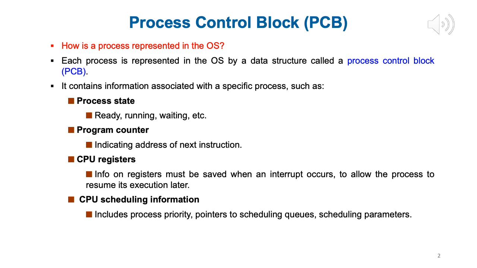So we are aware that a process has many attributes, right? It has many values, and these need to be stored so that the OS can take appropriate action on the process. So for example, if a process is ready, then that's a signal to the OS scheduling algorithm that it can now pick up the process and assign the CPU to it, right?